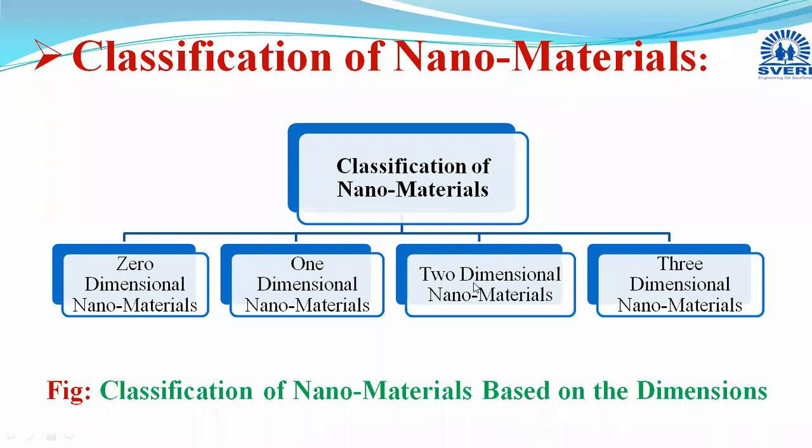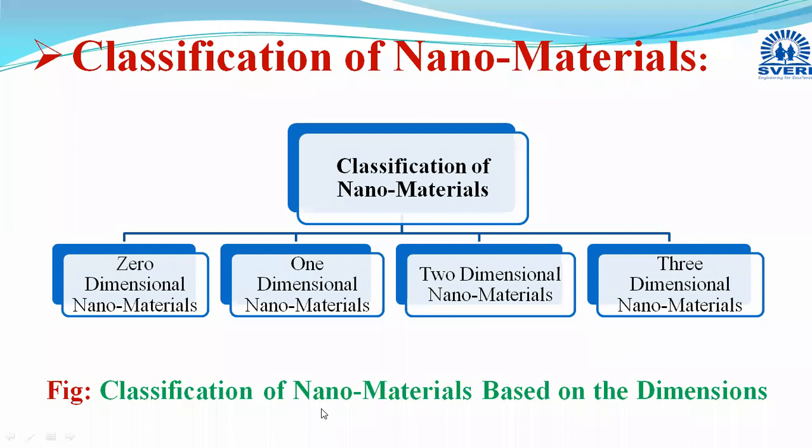Then in two dimensional, one dimension will be in nanoscale and two dimensions in the microns. And in three dimensional nanomaterials, all three dimensions will be on the higher side, extending beyond nanoscale. All dimensions will be in microns.